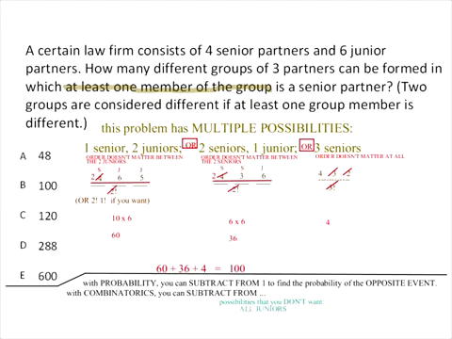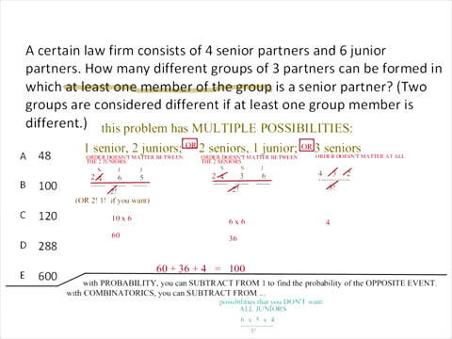All juniors would be 6 times 5 times 4, and that's going to be over 3 factorial. All juniors is 6 times 5 times 4 divided by 3 factorial.